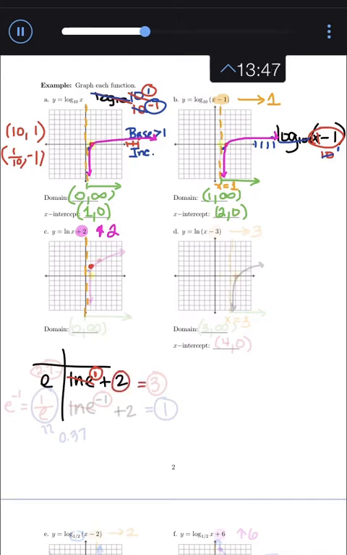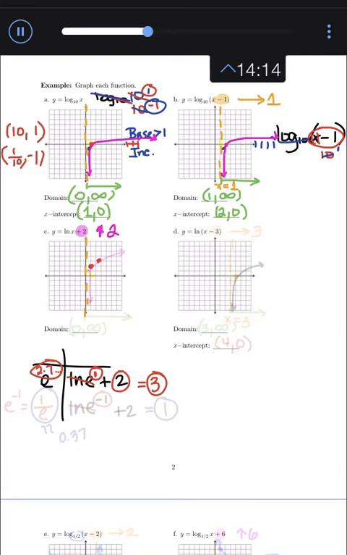Plus 2 is 3. So that means e, which is about 2.7 something, when we plug it in, we get out 3. So we can plot that point. So that means when we plug in about 2.7, we get out a y value of 3. So something like this.